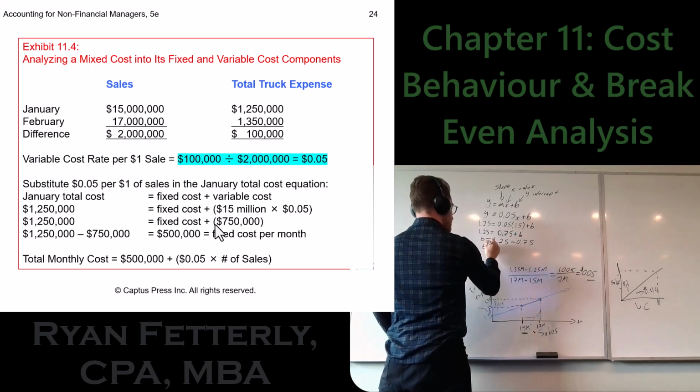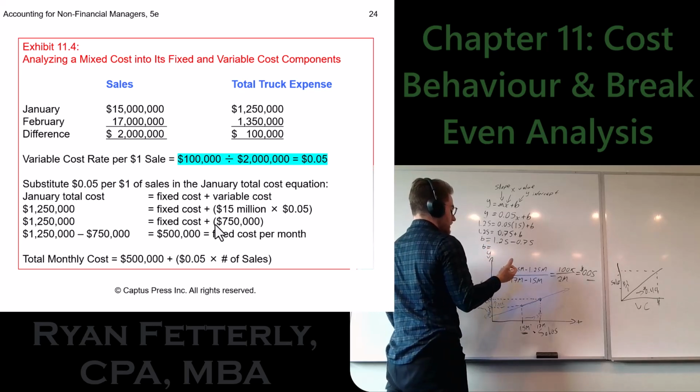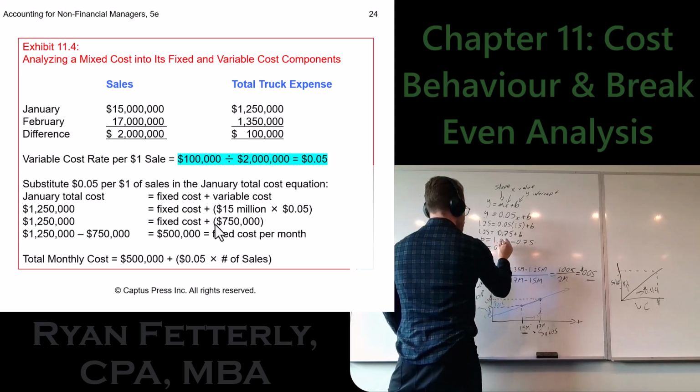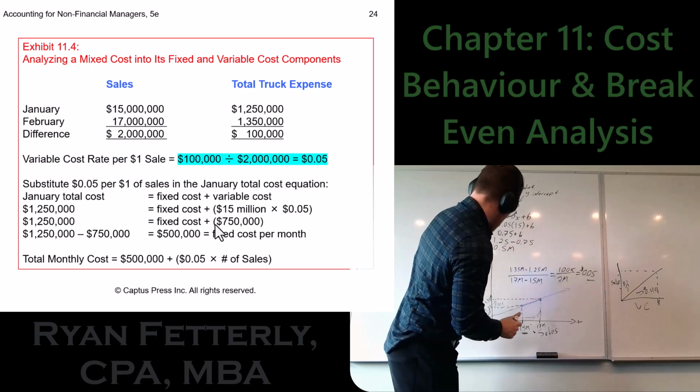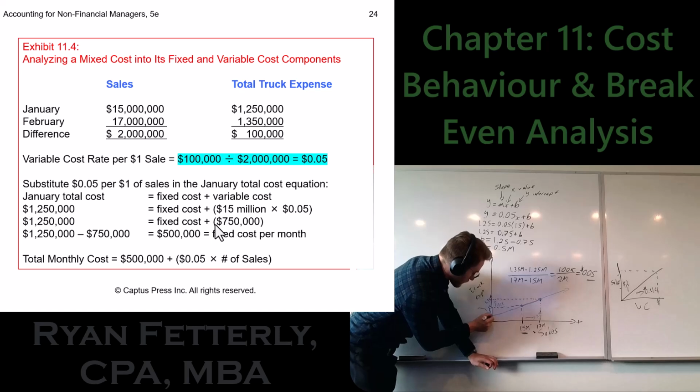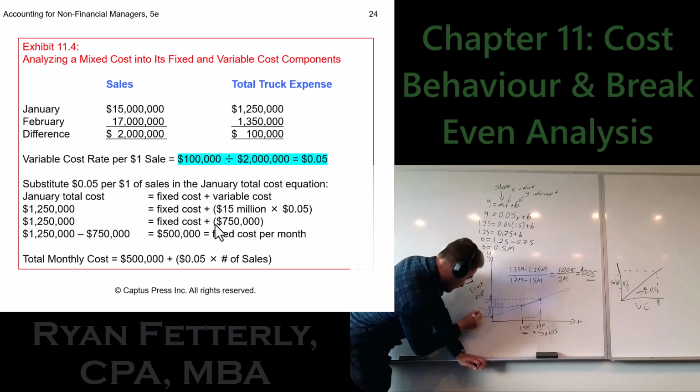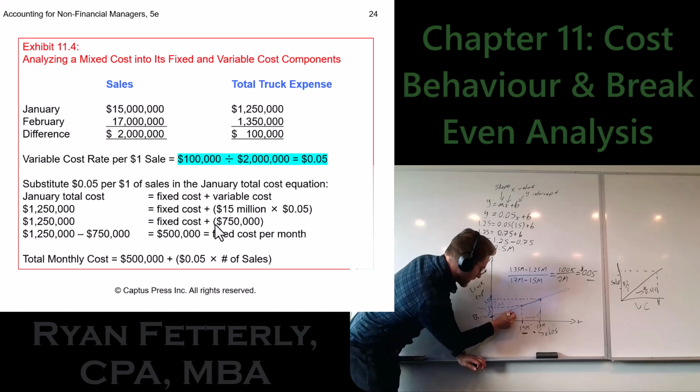When we do the math, that's 0.5, in millions. So that means this point down here where my line crosses is 0.5 million. So this would be my fixed cost line here, and this would be my variable cost line. The slope of this is kind of my variable costs.